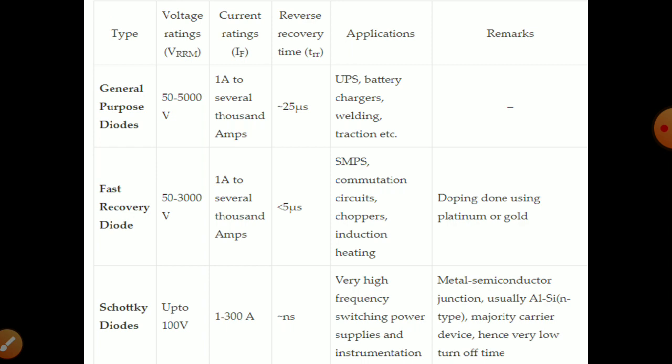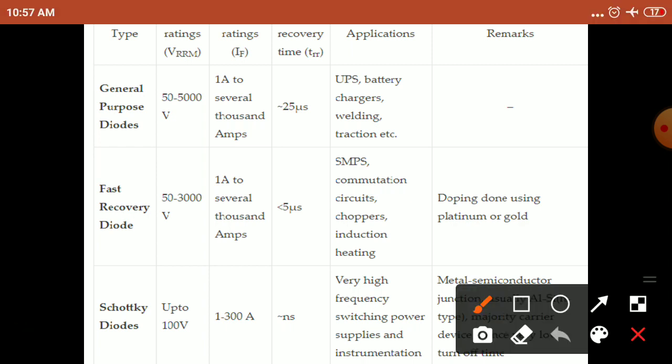This table shows the different types of power diodes used in a power electronic system, classified as general purpose diodes, which we already discussed at the beginning of the module, then fast recovery diodes, why they are called fast recovery was also discussed at the beginning of the module, and then Schottky diodes. These are the three different types of power diodes used in a power electronic system.